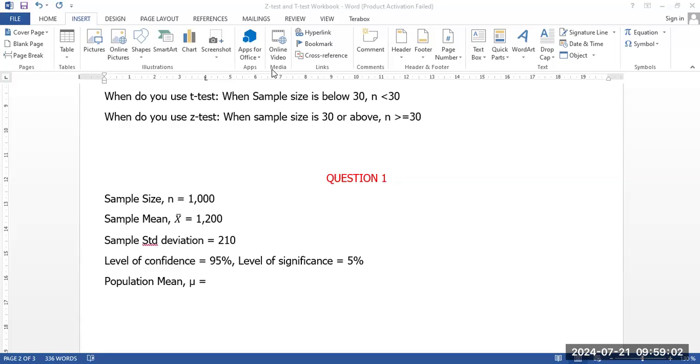So we have the formula that we follow as we get our range.